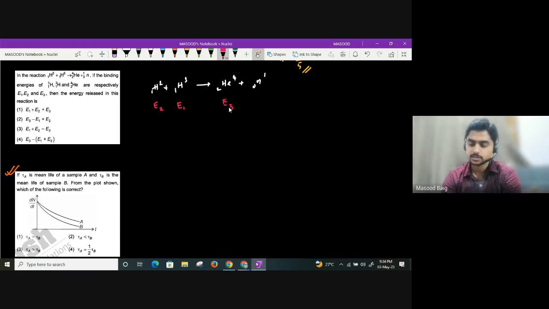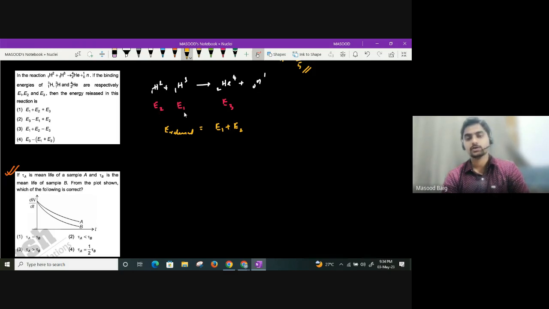They're asking what is the energy released? Energy will be released only when energy of reactants is more, guys. So what is the energy released here? The energy released, if they are asking, then you can write it as E1 plus E2 will be energy of reactants. Already binding energies are given, so directly we can write, guys. If they were binding energy per nucleon, then binding energy for H12 would have been 2E2.